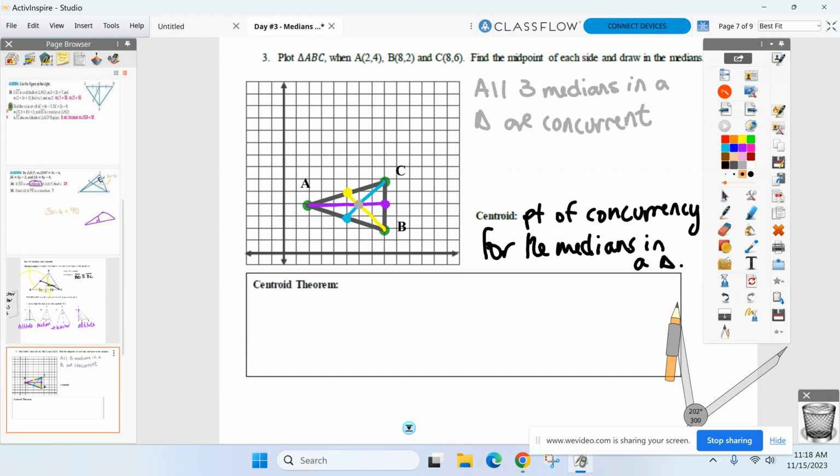Can you say that again? Sure. It's a cool fact, not something I'm going to test you on. I take triangle ABC, place the tip on the centroid, and it will balance perfectly. It's called the center of gravity for a triangle. Not the center, just the center of gravity where it balances perfectly.